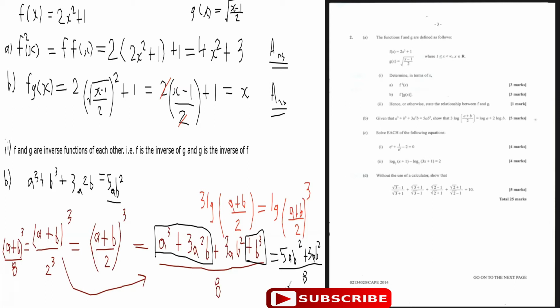So what can we conclude, guys? We can conclude that a plus b over 2 all cubed is equal to ab squared. That's what we can conclude.